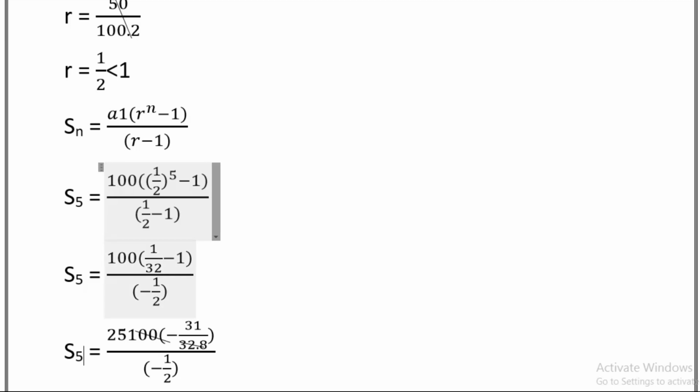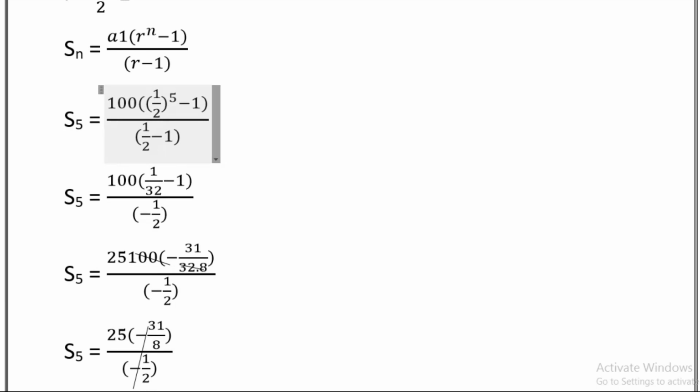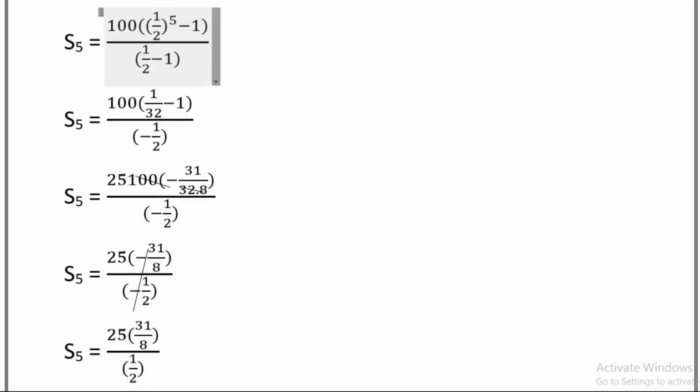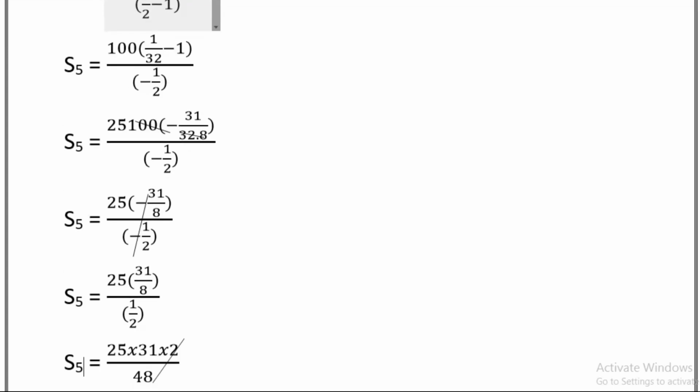So 4 times 8 is 32, and 4 times 25 is 100. So 25 into minus 31 divided by 8. So the minus signs cancel. Take the denominator 1/2 into the numerator: 25 multiplied by 31 multiplied by 2.